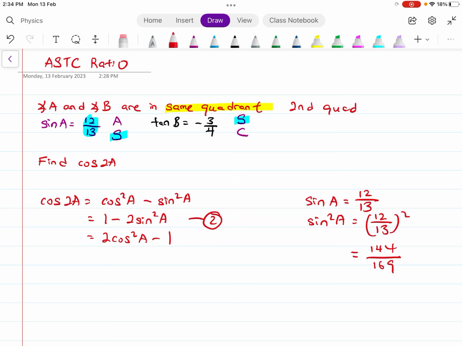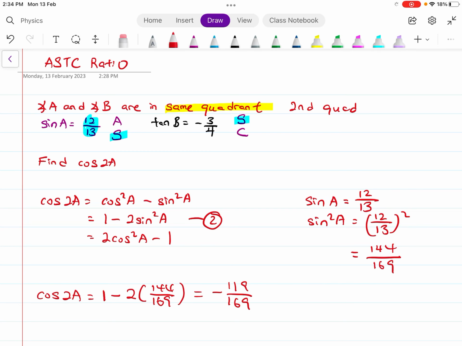Then cosine 2A is equal to 1 minus 2 multiplied by 144 over 169. If you calculate correctly, you should get a negative value of 119 over 169. Yeah, so this will be the answer.